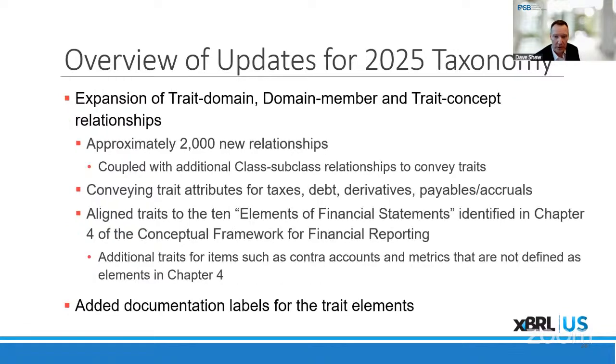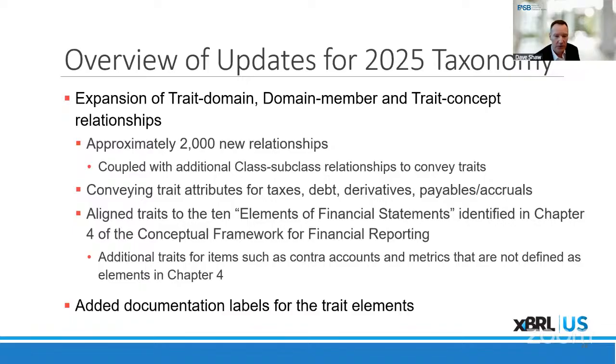For the trait domain member and trait concept relationships, there's approximately 2,000 new relationships. Coupled with the additional class subclass relationships, we've applied a lot more traits to included elements. Traits that we added include areas around debt, taxes, derivatives, payables, and accruals.